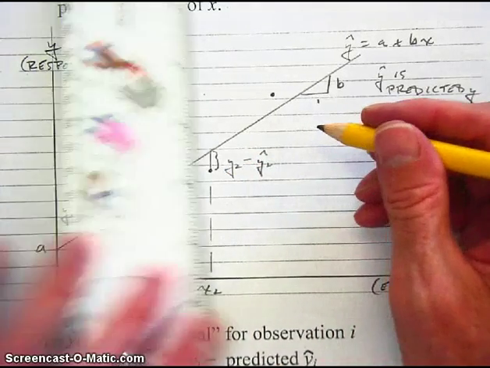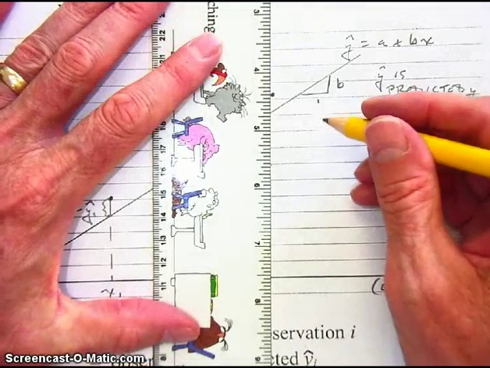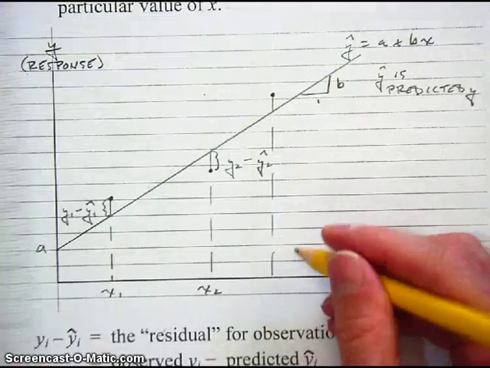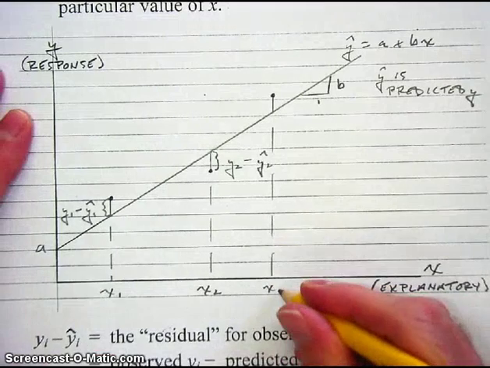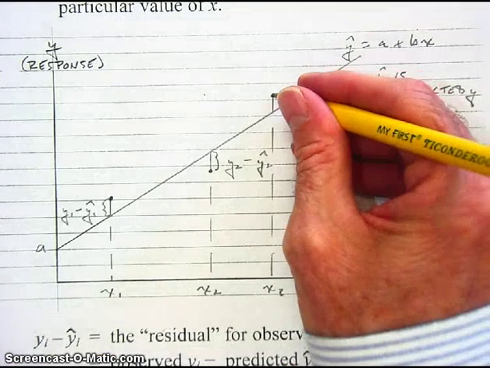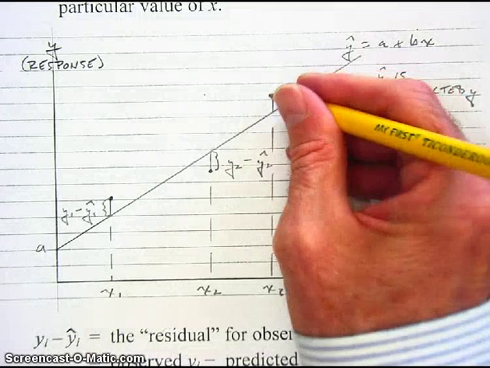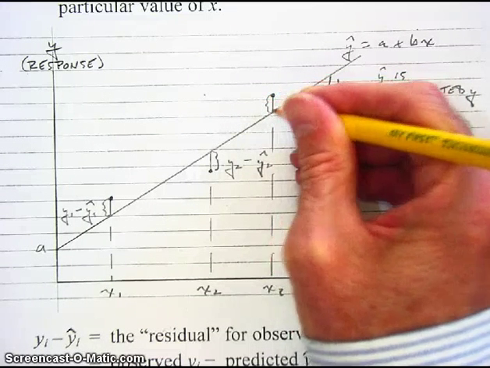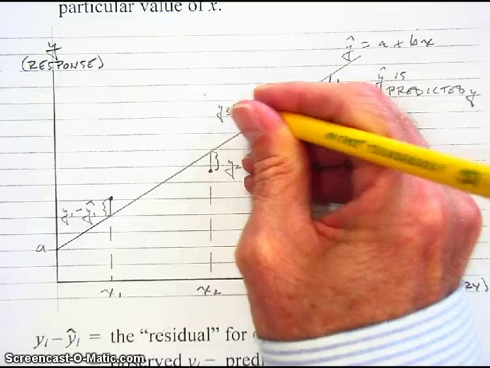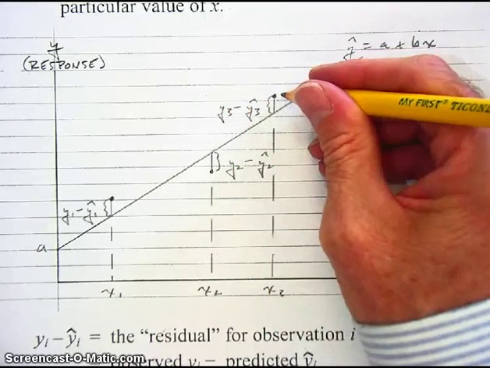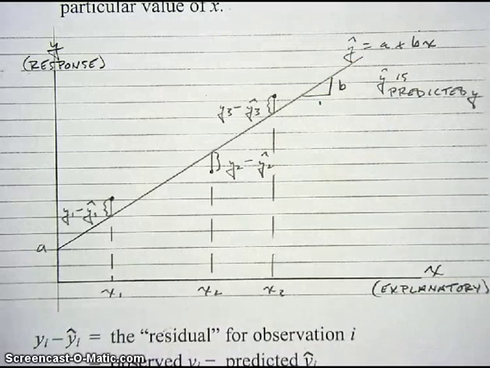We can do the same thing for this third point. The value of x at that point is x3, the observed value of y is y3, and the difference between y3 and y3 hat right here is the residual for that point in our scatter plot.